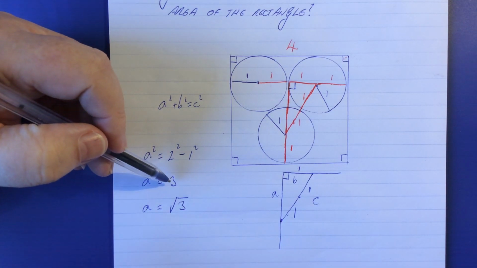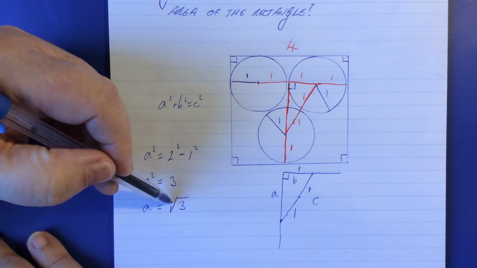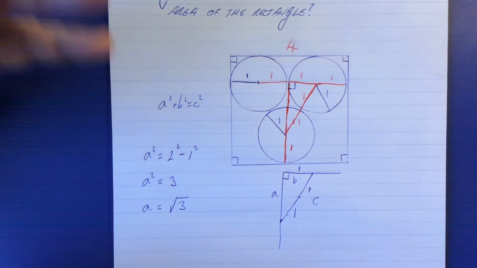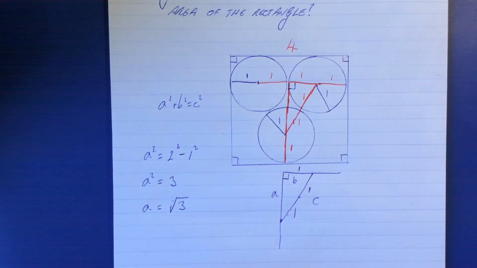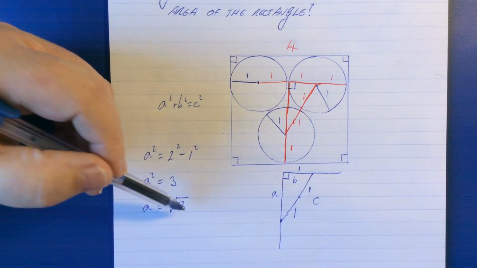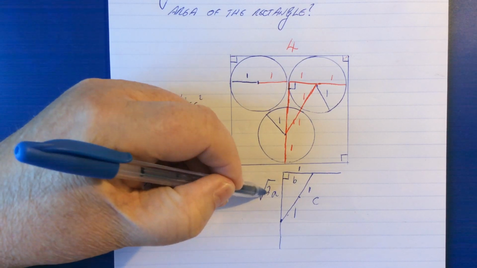Now 3 has 2 square roots, one is positive, one is negative. We're always going to be dealing with the positive one here, because we know that we can't measure a negative amount. We can't measure negative 3 centimeters or anything like that. Okay, so what we know is that that is the square root of 3.